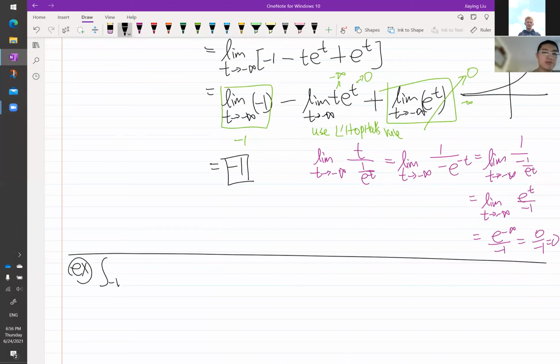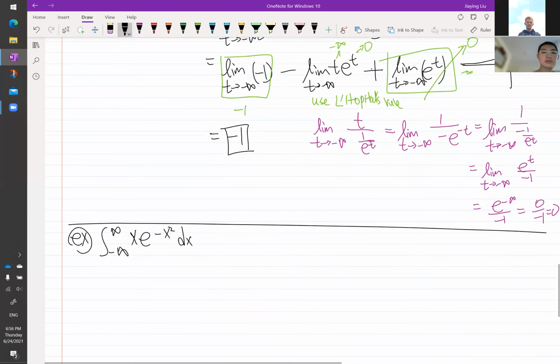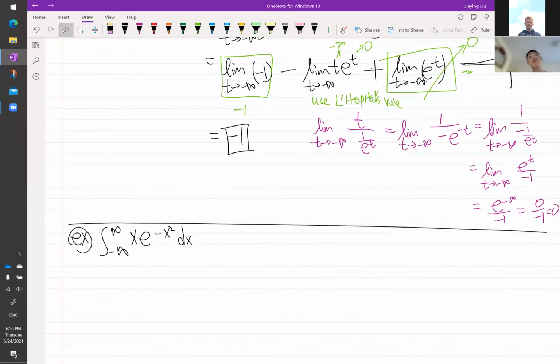So we're integrating from negative infinity to infinity of x e to the negative x squared dx. So here we have negative infinity to infinity, right? I'm going to break it into two integrals. I'm just going to pick the number in the middle, 0, for convenience.